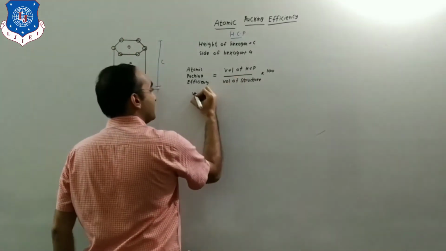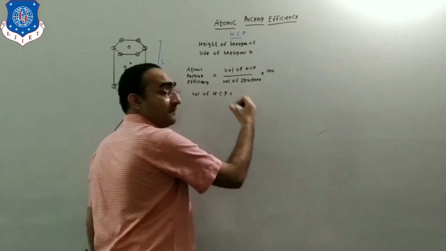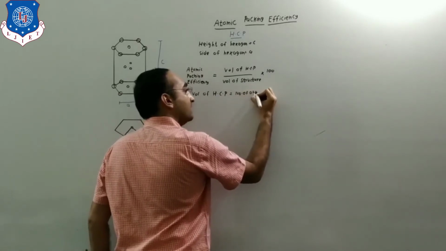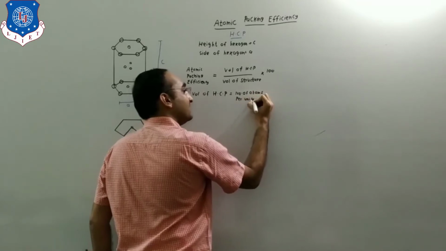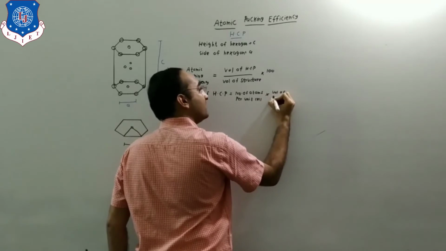Now, volume of HCP. Volume of HCP will be equal to number of atoms per unit cell multiplied by volume of sphere.